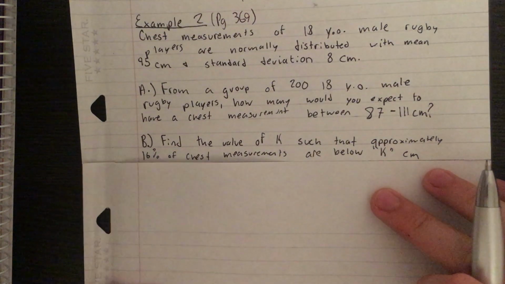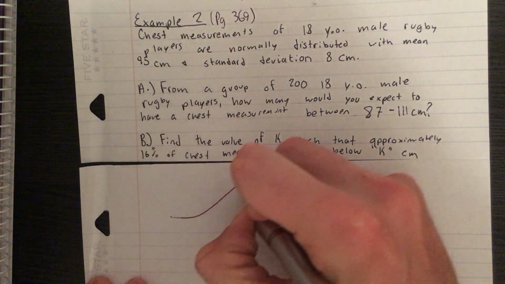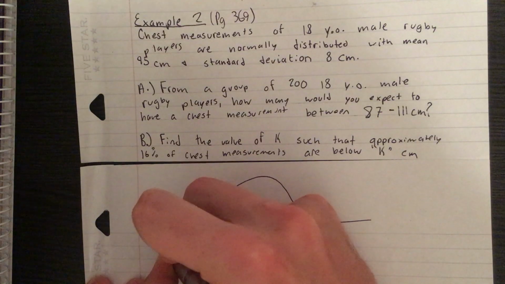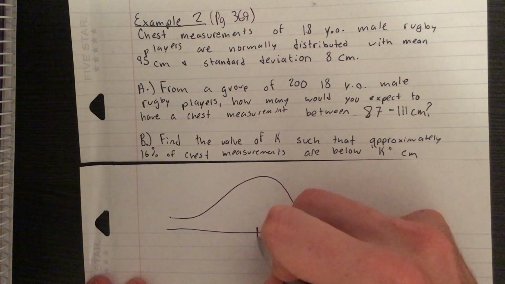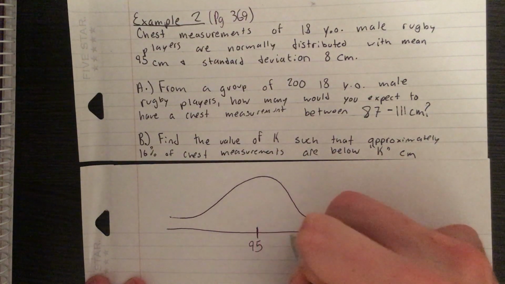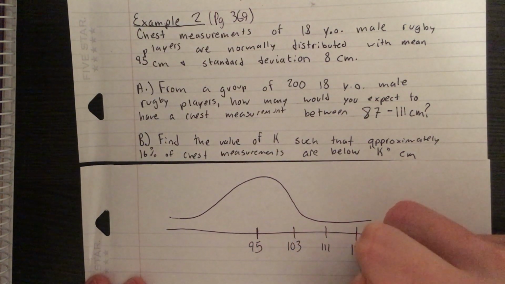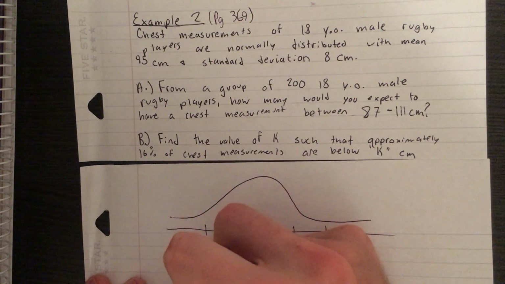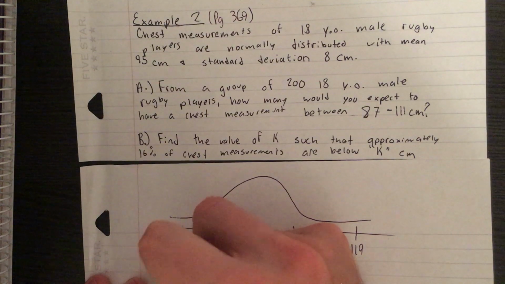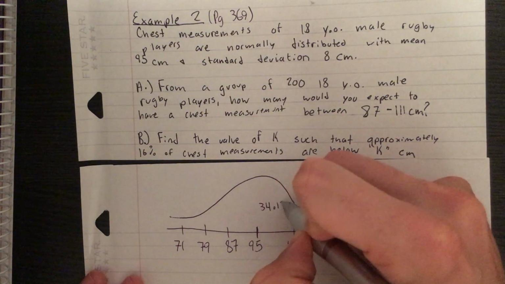So the very first thing, before we do anything else, is to draw a curve here. The mean is 95, so we're adding 8. We've got 103, 111, 119. We've got 87, 79, 71.